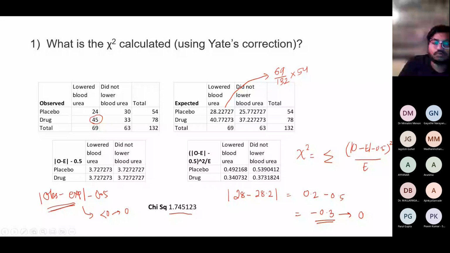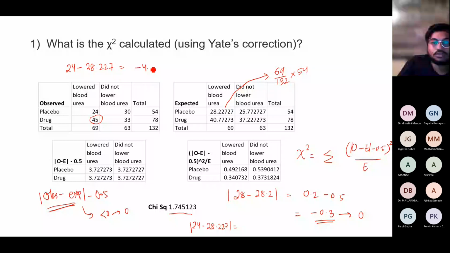So that is 24 minus 28.227, which turns out to be minus 4.227.